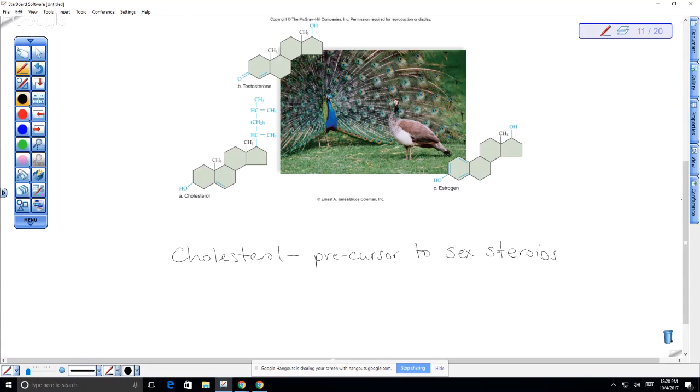Cholesterol is a really interesting molecule because it can also be turned into vitamin D. So it's a precursor to sex hormones and vitamin D. And vitamin D is necessary for our bones to form.